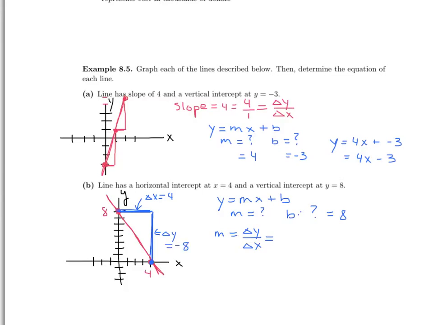Negative because there was a drop. So the change in y is -8, change in x is 4, and the ratio between them is a -2. So the equation in this case is y equals -2x plus 8, or it might also be written as 8 minus 2x.